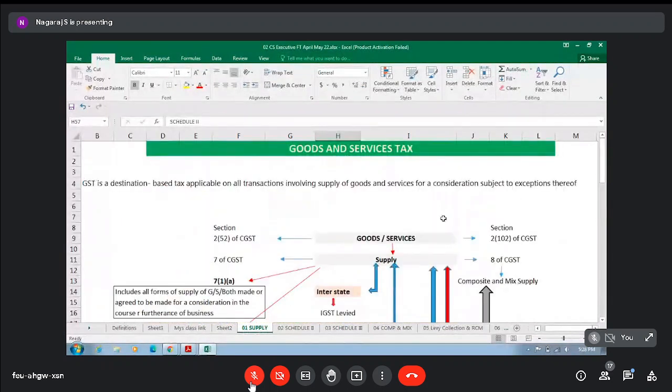Whatever we have read so far, what we have understood, the meaning of goods and the meaning of services, right?